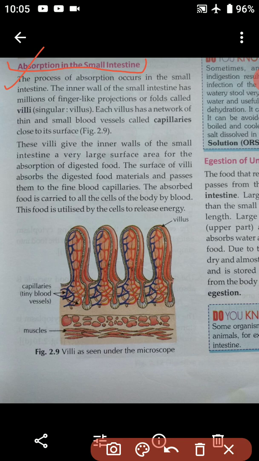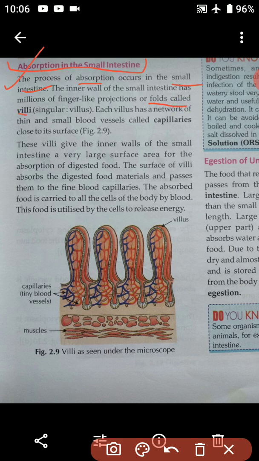The process of absorption occurs in the small intestine. We all know that the process of absorption as well as the complete digestion occurs in the small intestine. The inner wall of the small intestine has millions of finger-like projections or folds called the villi.